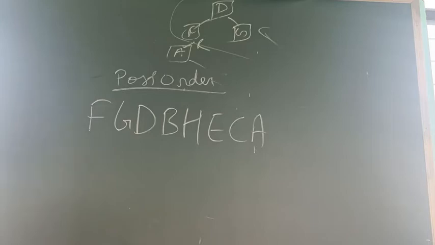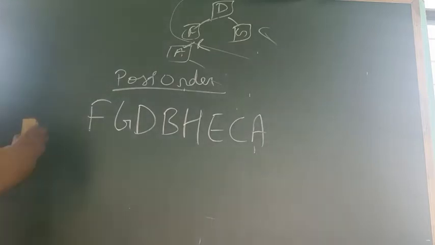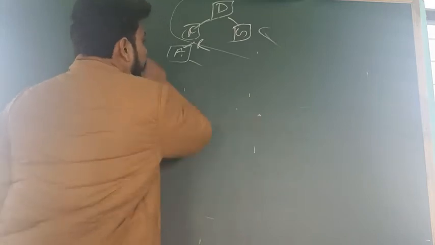Another is internal nodes of the tree. So what are the internal nodes of the tree? For internal nodes, we will just ignore the last nodes. That is, the nodes that are at the very end, we will just remove them, and the nodes that are left are your internal nodes. Okay? So I will just write it again.